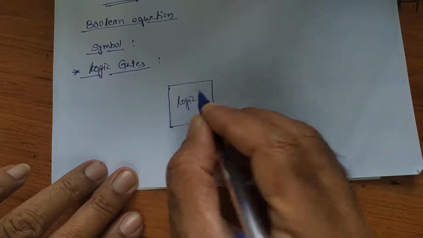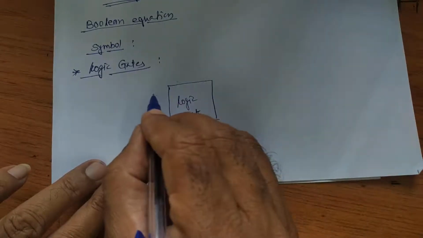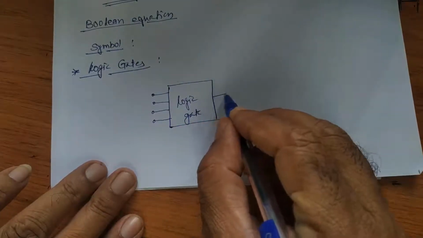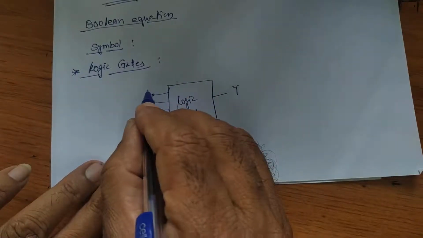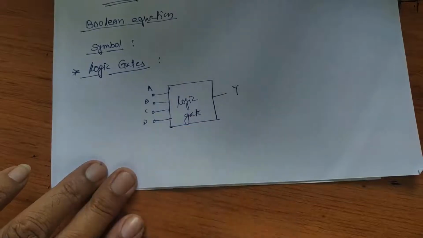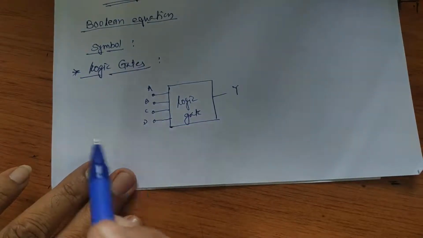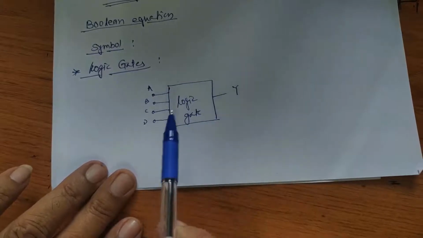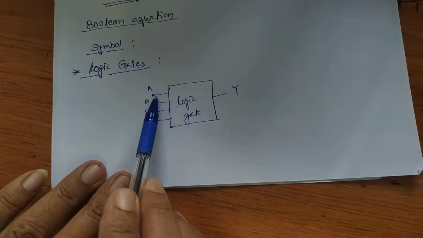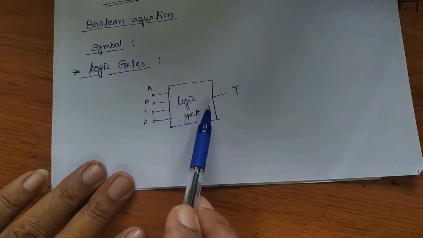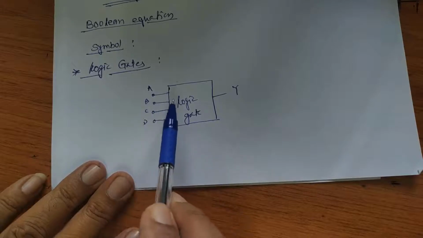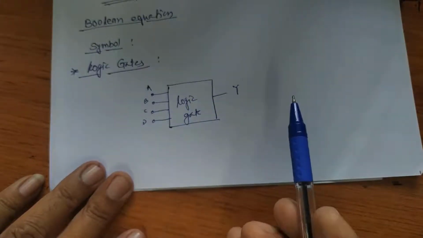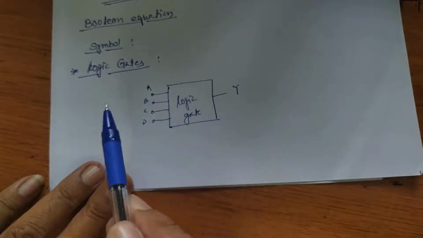Suppose this is a logic gate which has one or more input signals and a single output. The inputs are indicated by A, B, C, D. Its inputs and output have only two voltage levels or two logic levels, also expressed in terms of binary code.